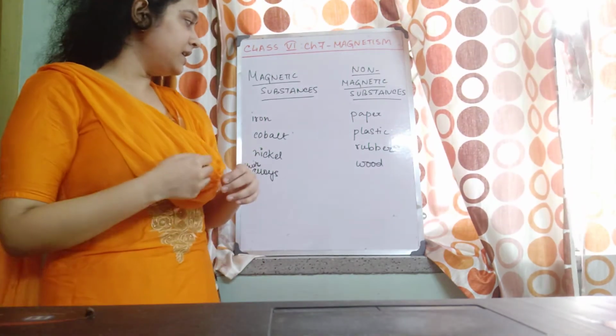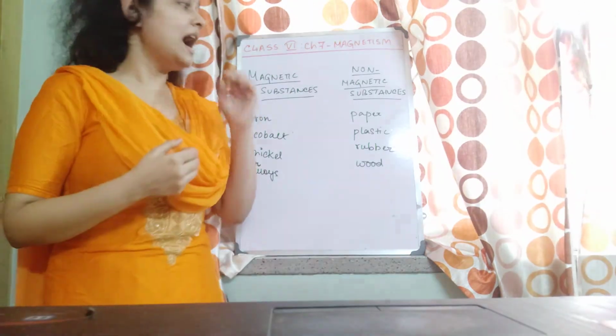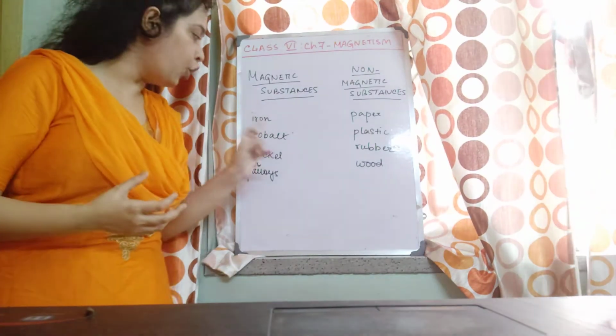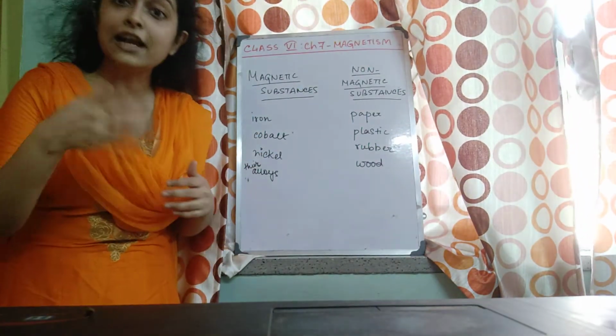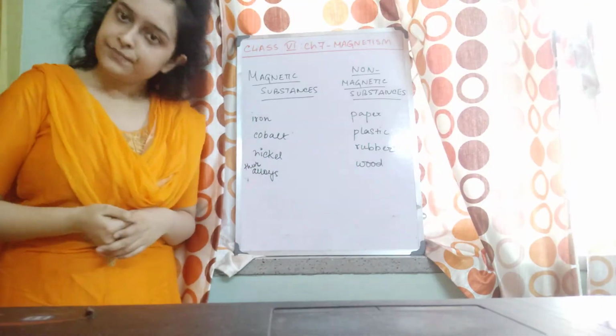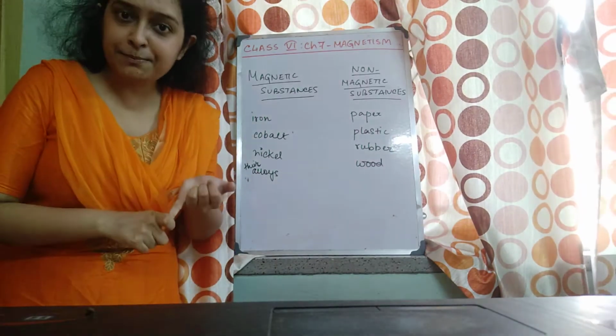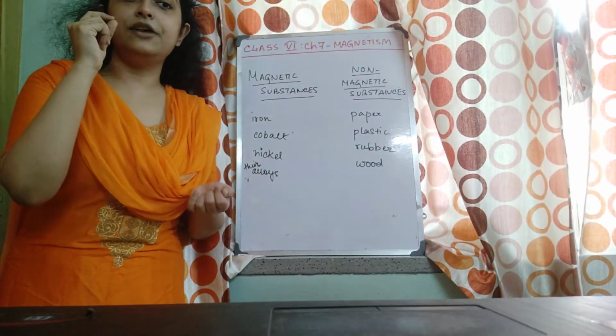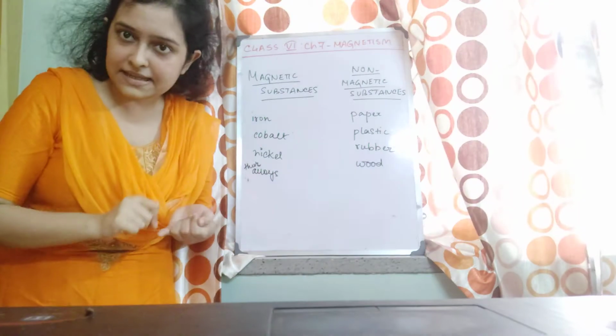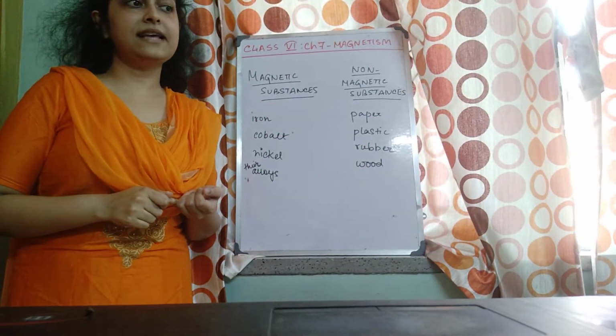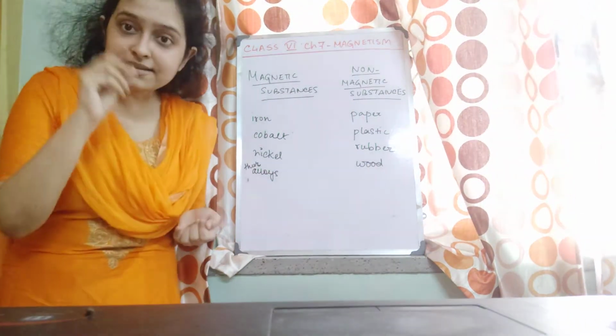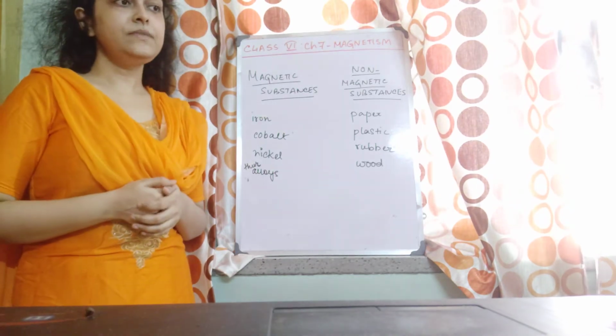For example, substances made of iron, cobalt, nickel, or alloys of these. You have iron pins, safety pins, and, for example, coins made of steel.